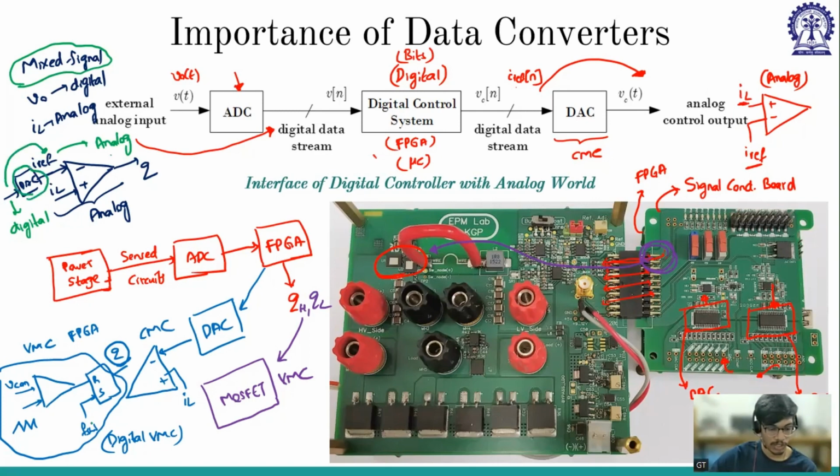Whereas in the case of voltage mode control, everything is digitized, so I can implement everything in the FPGA. But if you consider fully digital current mode control, where both the loops are digital, then I don't need a DAC. DAC is not needed, but I need another ADC to sample the IL. So the architecture decides whether we need ADC or DAC, because in mixed signal one loop is in analog, so it should be implemented in the analog. Is that clear?